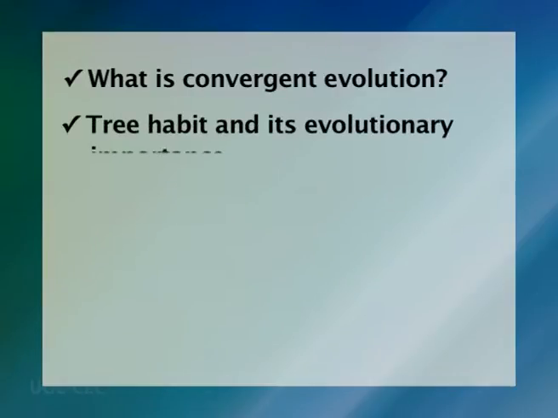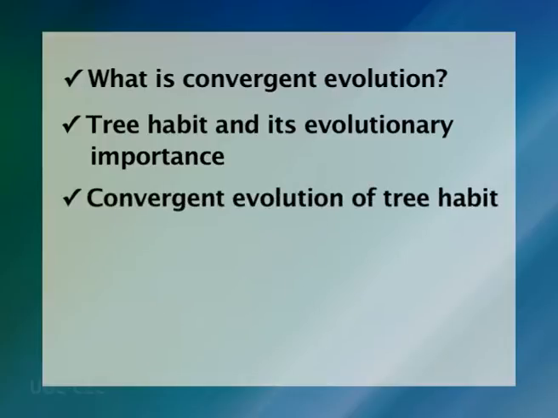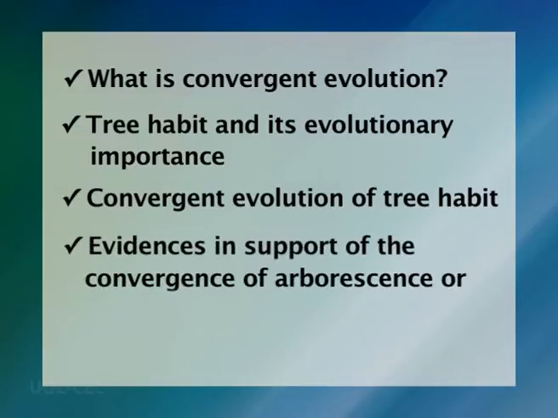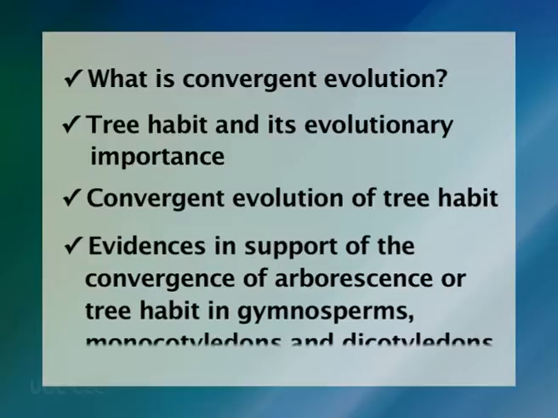So, as far as the outline of this lecture is concerned, we will begin with what exactly we mean by convergent evolution, followed by the discussion of tree habit and its evolutionary importance, and then we will talk specifically about convergent evolution of tree habit and subsequently evidences in support of the convergence of arborescence or tree habit in Gymnosperms, Monocotyledons and Dicotyledons will be discussed.